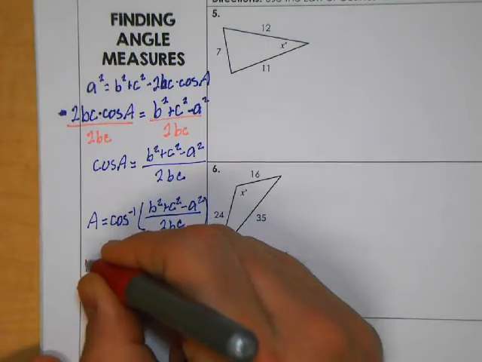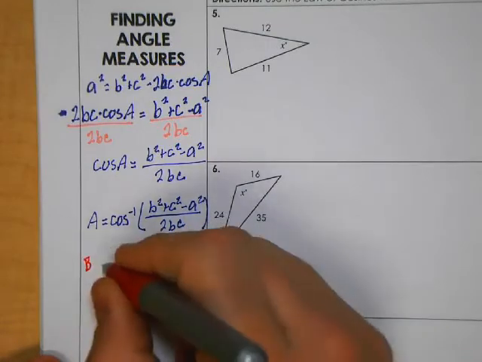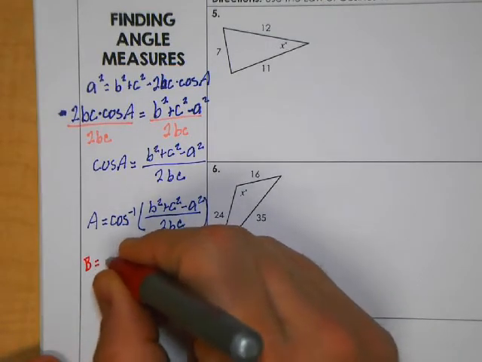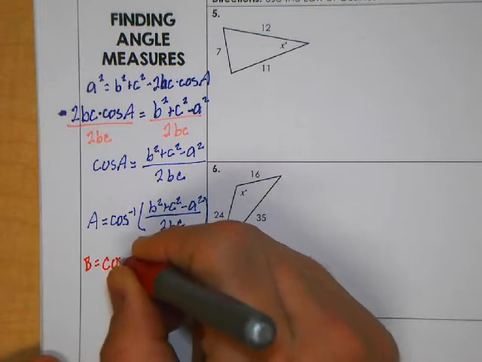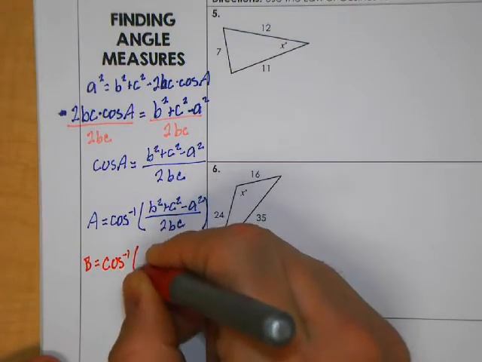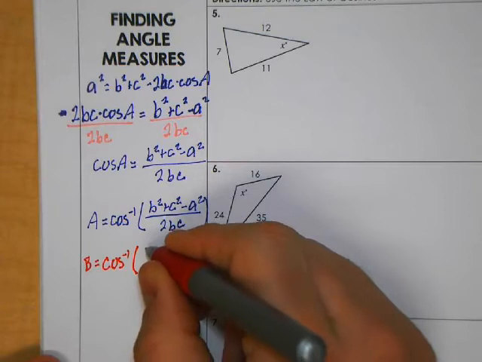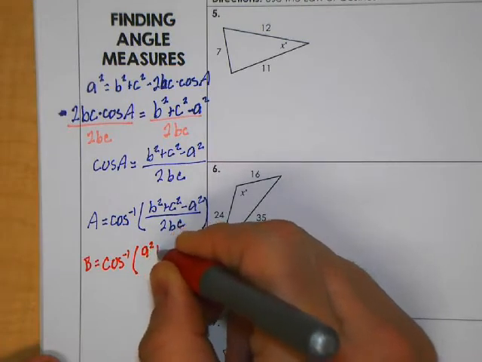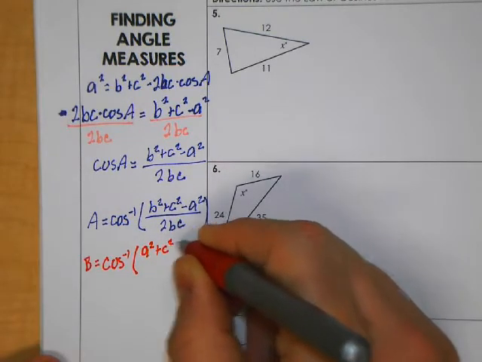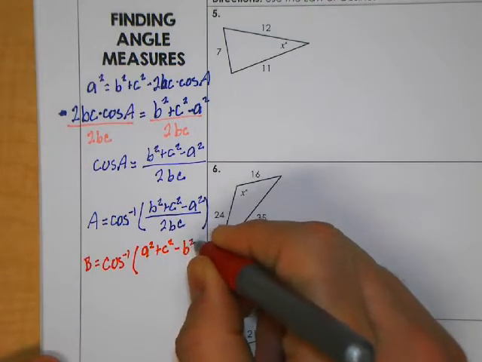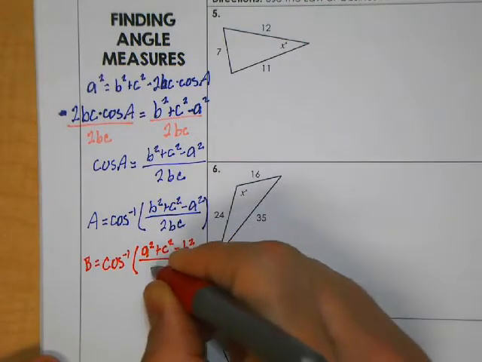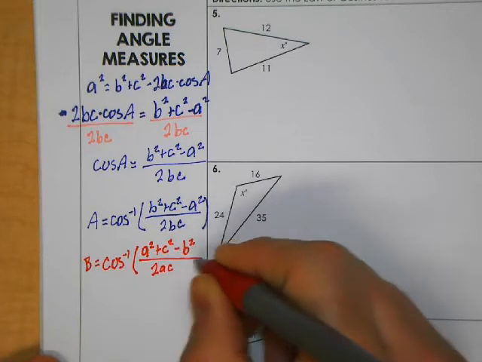So depending on how you set up your triangle, angle B would be found by the inverse cosine of a squared plus c squared minus b squared, all of it divided by 2 times a times c.